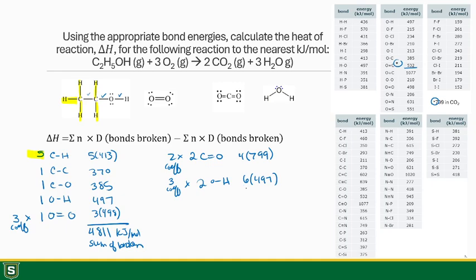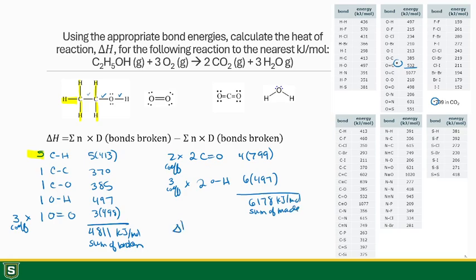It's just 5 being made, but it works out because basically one of these cancels out. It's fine. This is a little bit complicated to see all that because there's so many bonds being broken and made. This would total up to 6178 kilojoules per mole, sum of the made bonds.